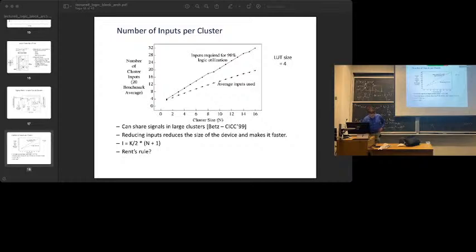So what they found fit well was if they made the number of inputs equal to k divided by 2 times n plus 1. So that's about half of the number of inputs to the lookup tables. Each lookup table has k inputs, there are n of them, so the total number of inputs you might want is k times n.